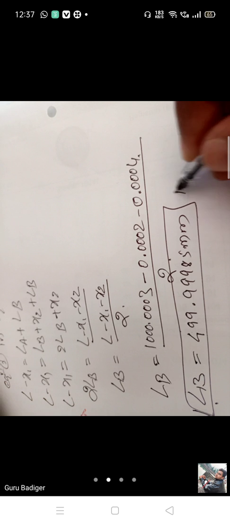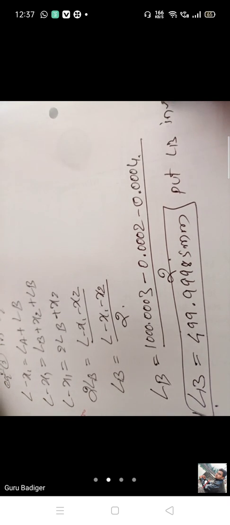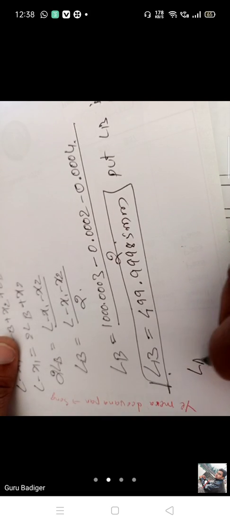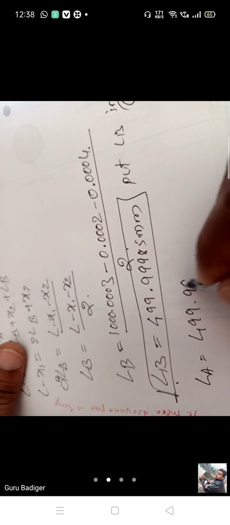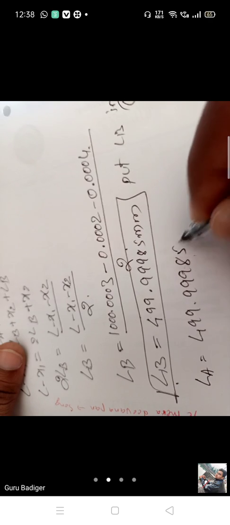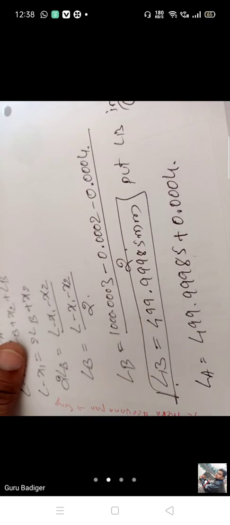So put LB in equation 2. Equation 2 is here: LA is equal to LB plus x2. So LA is equal to the LB value, 499.99985, plus the x2 value, 0.0004 mm.